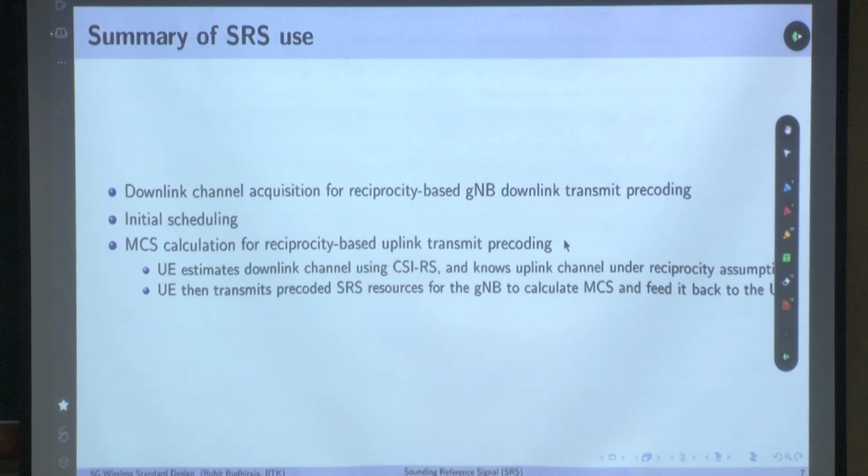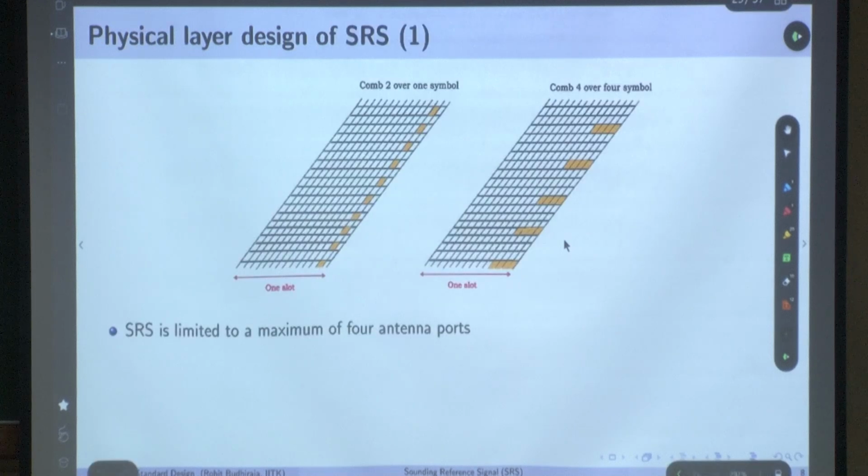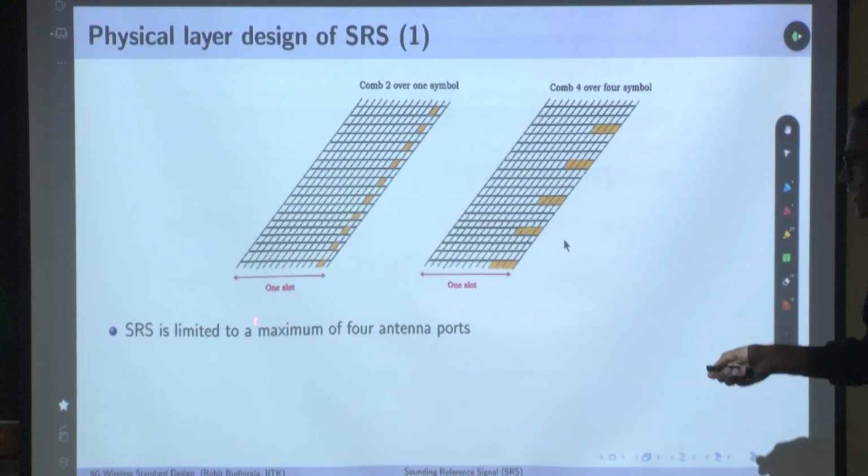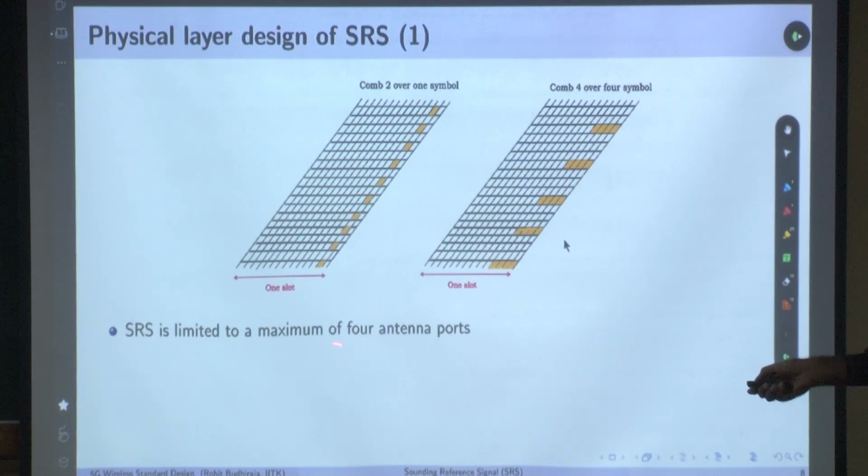Now I'll show you how it is defined in the standard. Look at this. First thing is, unlike DMRS, SRS is limited to a maximum of 4 antenna ports. There is a reason why, whereas in the downlink there are a maximum of 12 DMRS ports.